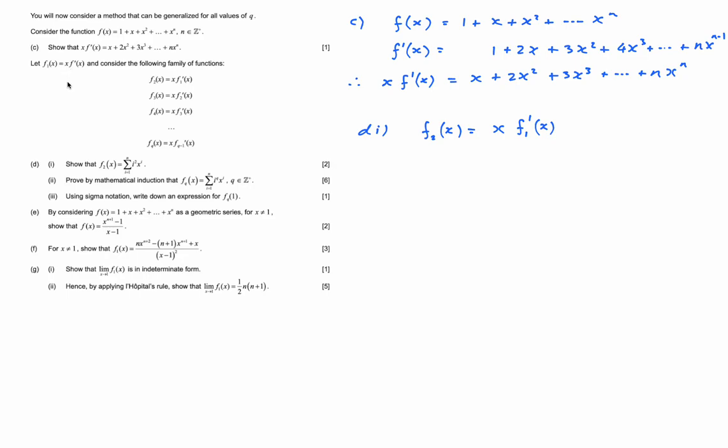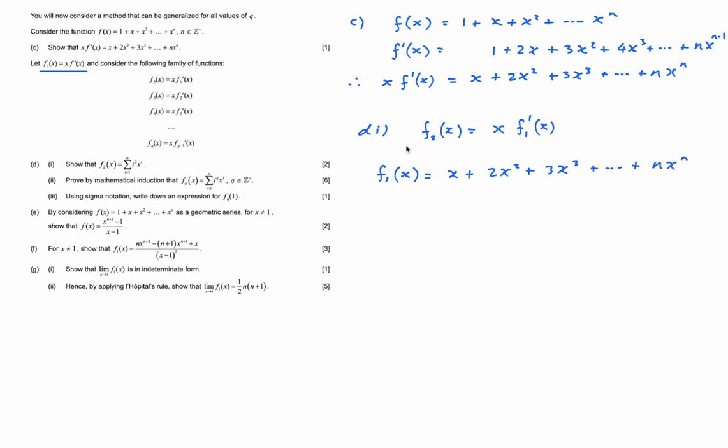Now f1 of x is equal to this, because it's defined as that. f1 of x is x times f dash of x, or this. So it's x plus 2x squared plus 3x cubed plus dot dot dot plus n x to the n.